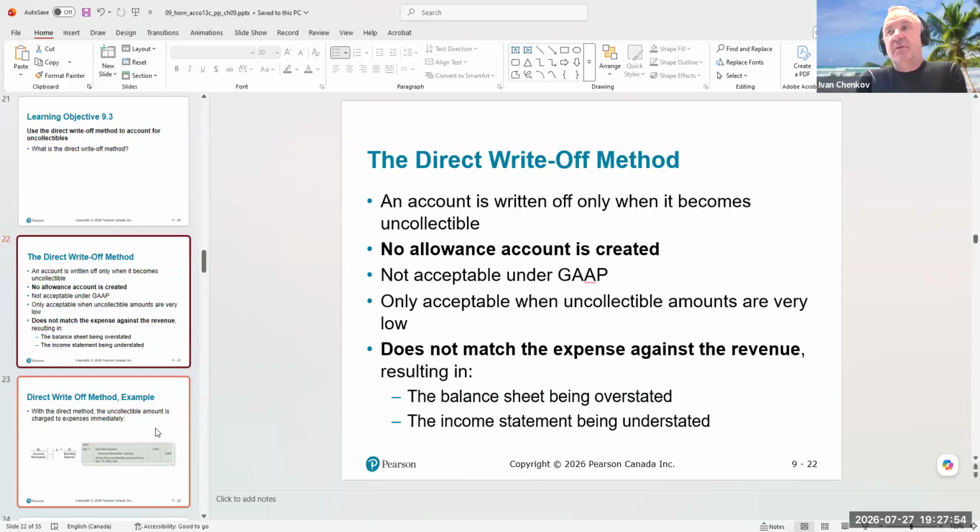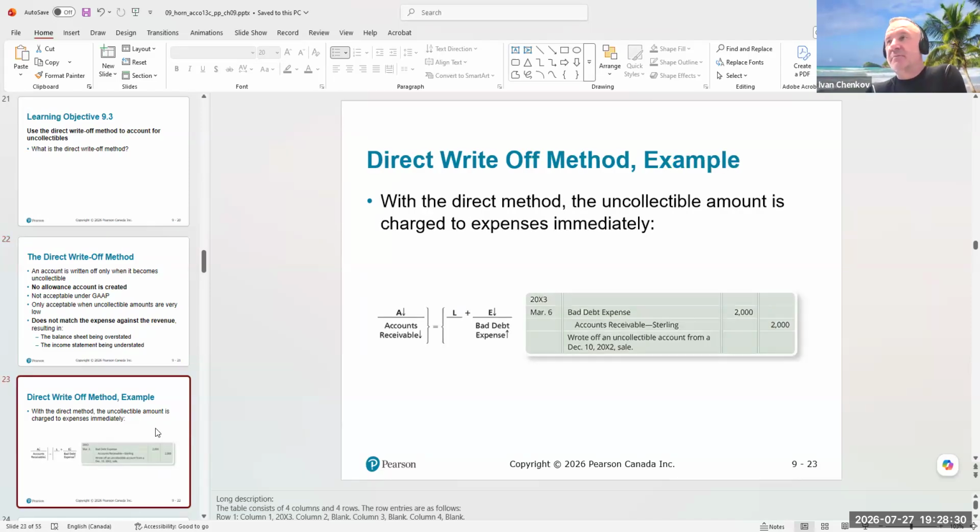Usually people want to know, out of the money you have, how much is uncollectible, or you think is uncollectible, or you think will be slow to collect. The direct method is only acceptable when the uncollected amount is very, very low. That means if you're planning to not collect $5 or $10 when the average annual sales are $4 million, yes, you can write that off. Any other circumstances, you go to the allowance for doubtful accounts. The direct method is debit bad debt expense, credit accounts receivable.